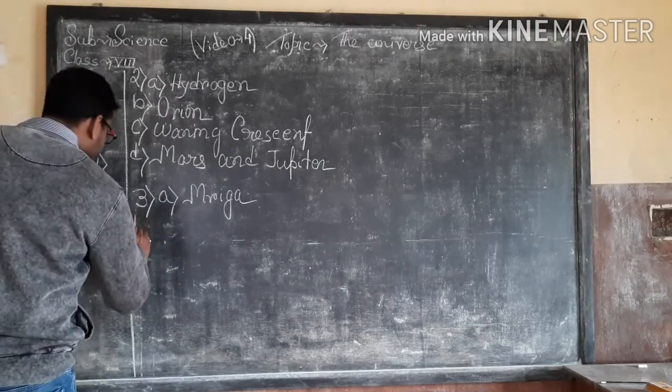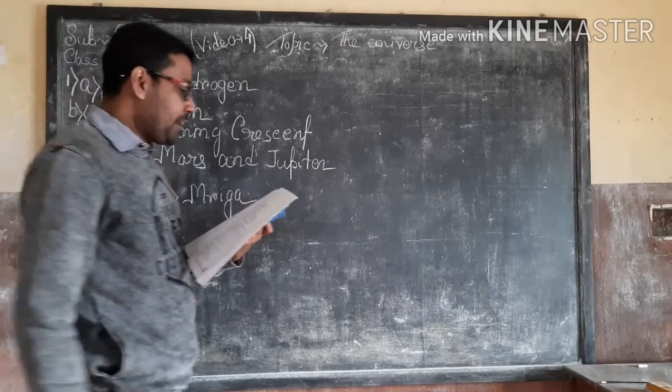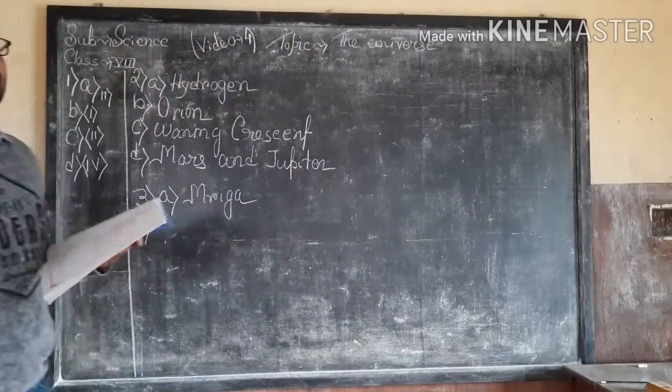Second one, 3b: new moon is related to Amavasya, so full moon is related to Purnima.